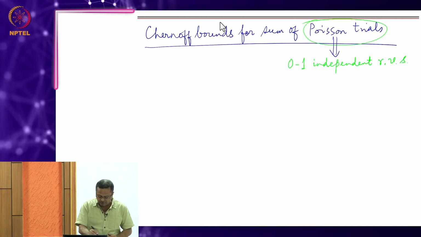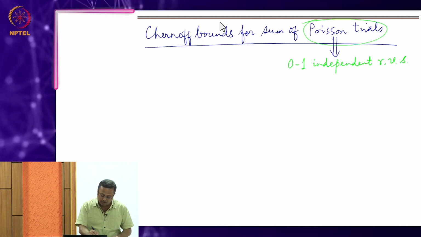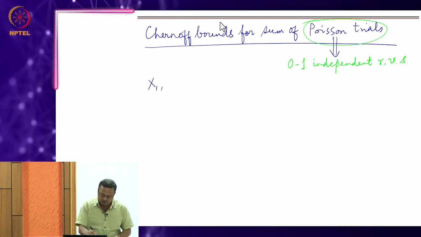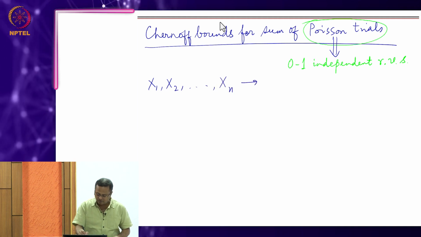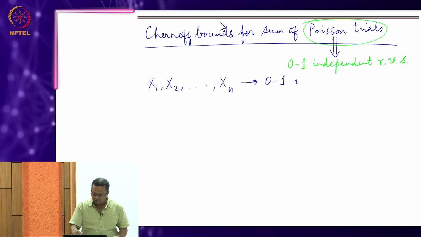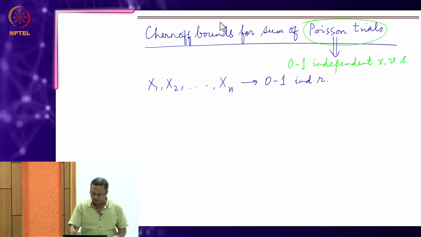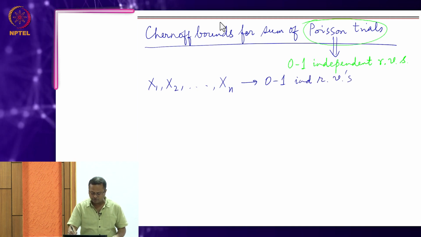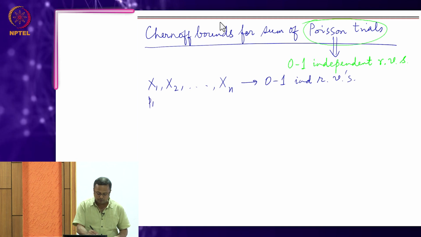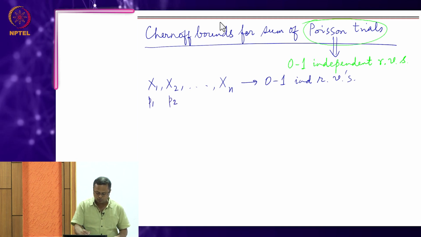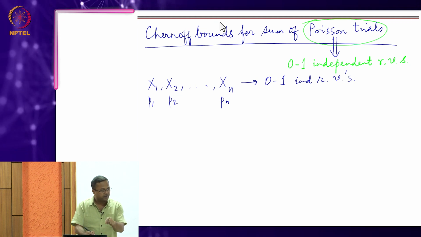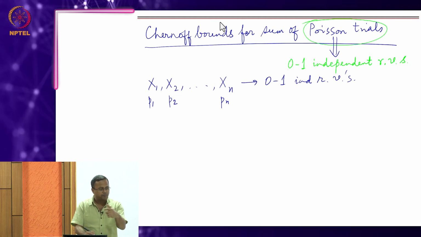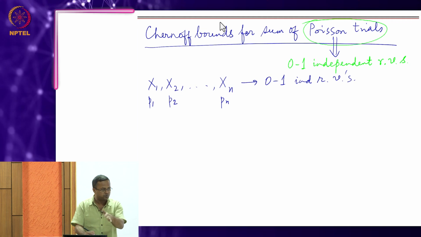So, I have these 0, 1 independent random variables, Poisson trials, with probabilities p1, p2, ..., pn. By this I mean that the probability of x1 equals 1 is p1, the probability of x2 equals 1 is p2, and so on and so forth.